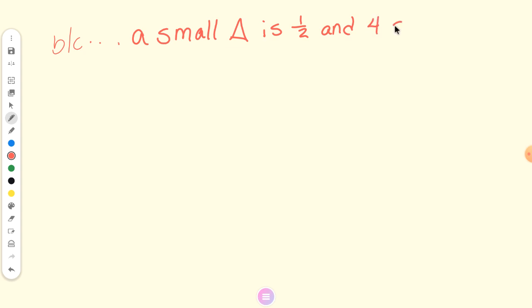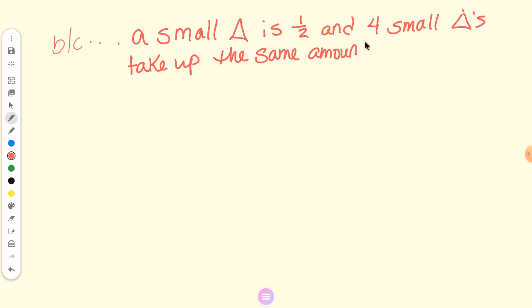So Jack said the answer is 2. Jack said because a small triangle, I'm just going to abbreviate, is 1/2 and 4 small triangles take up the same amount of space as the medium triangle.